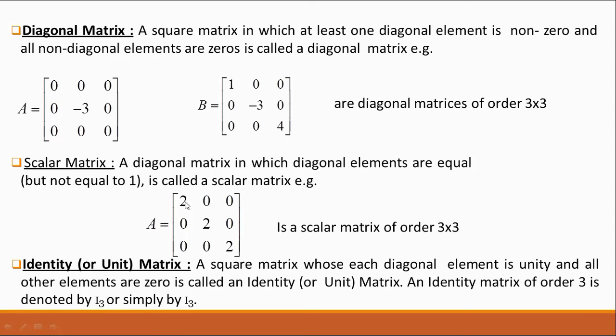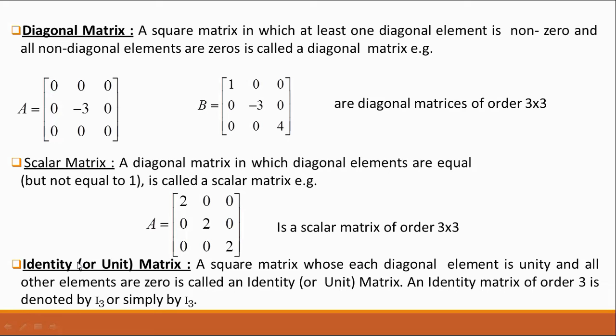All diagonal elements are equal but not equal to 1. So this is a scalar matrix. If we put equal elements here, then this matrix will be a scalar matrix, and if there are different elements, then the matrix will be only a diagonal matrix.